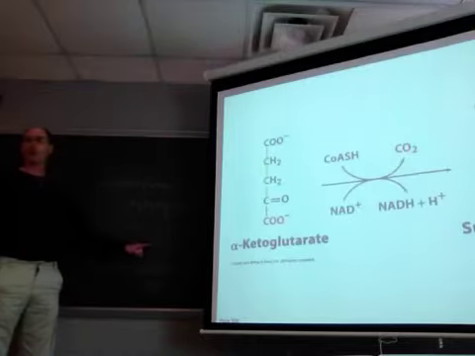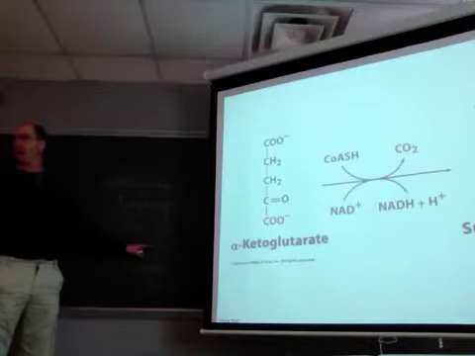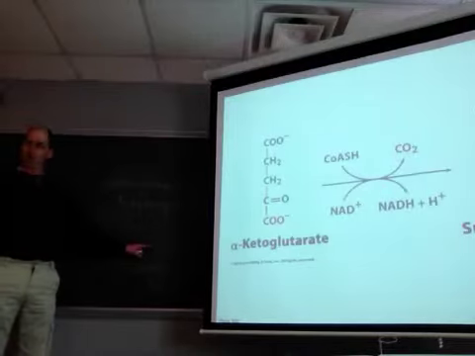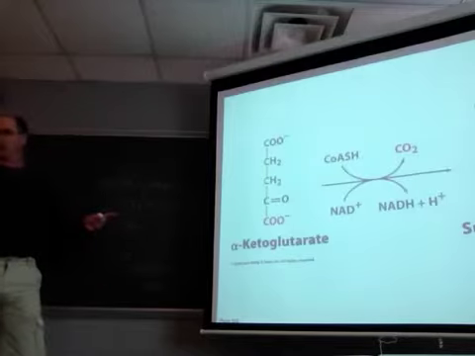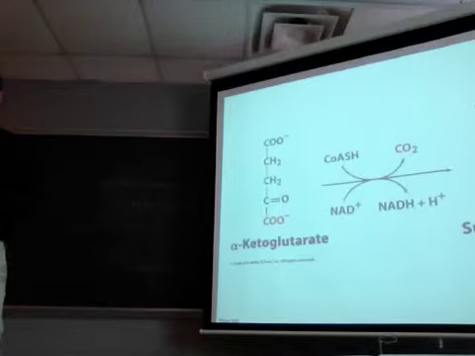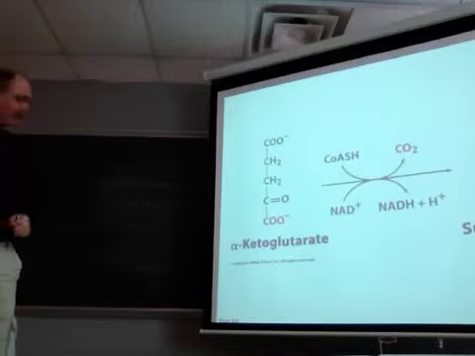The same gene is used to make the E3 that's used in alpha-ketoglutarate dehydrogenase and pyruvate dehydrogenase. But different genes are used to make the E1 for alpha-ketoglutarate dehydrogenase and pyruvate dehydrogenase. Does that make it clearer, saying it that way?